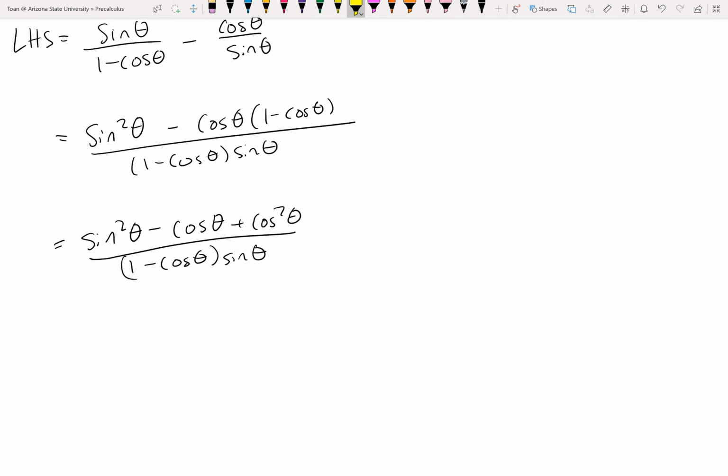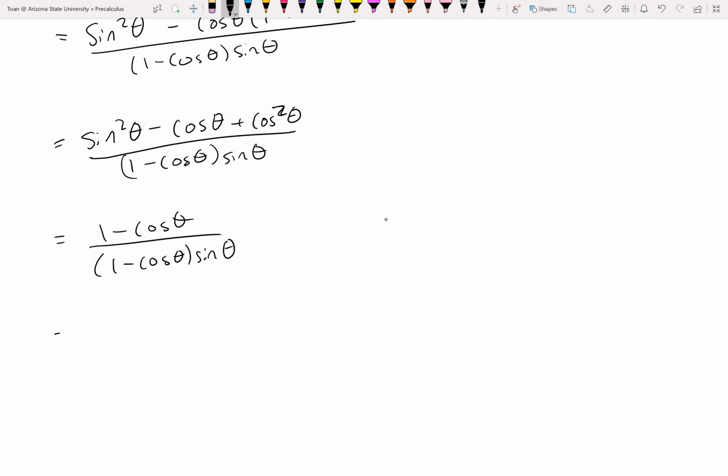We should recognize that sine squared plus cosine squared is a 1. So those guys that I've highlighted combine to a 1. And you can see why I almost always do not multiply out the LCD, because in this case they cancel out. So these guys here are gone, they cancel out.